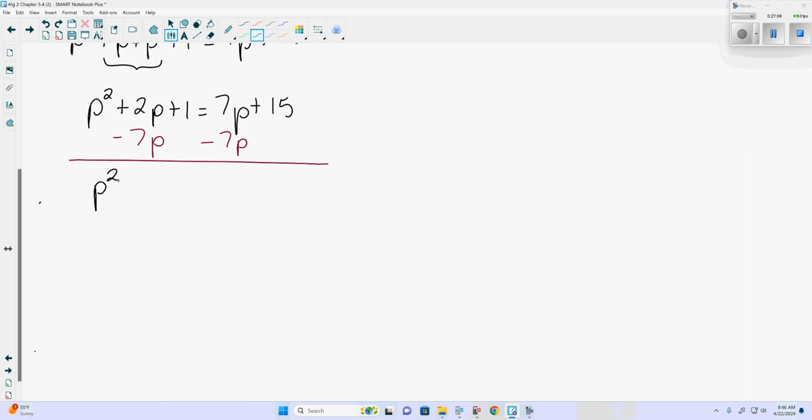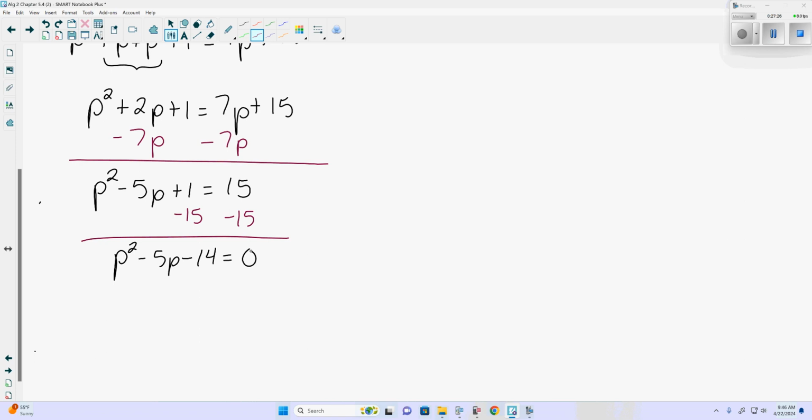We'd have p squared, 2p minus 7p is negative 5p, plus 1 is equal to 15. And we would indeed subtract 15 from both sides, telling us that we have p squared minus 5p minus 14 is equal to 0.